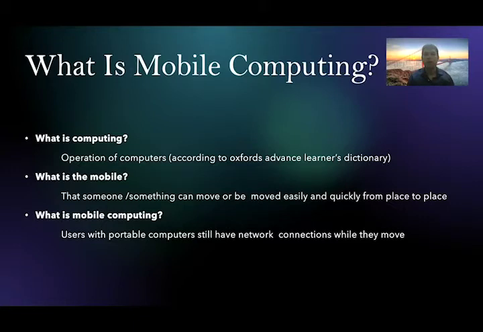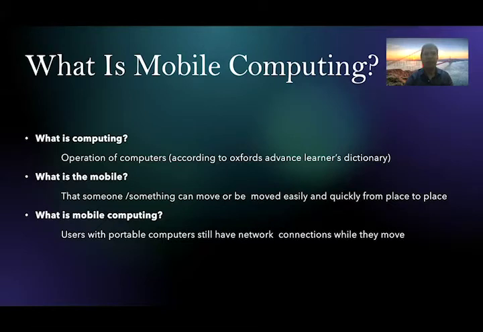Meanwhile, mobile stands for someone or something you can move easily. For example, you bring your laptop, you bring your mobile phone, so you can easily move from one destination to another destination. And the combination of mobile and computing stands for a portable computer that still has a network connection.